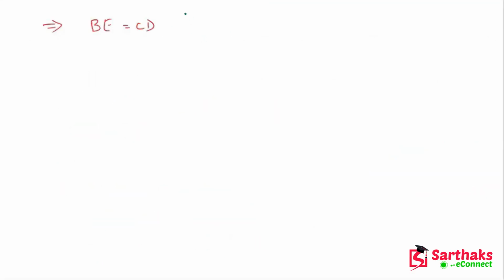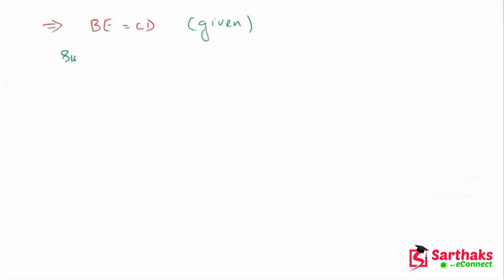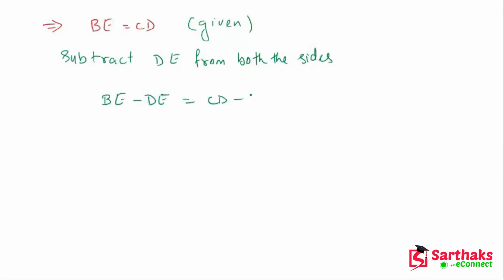Now we are subtracting DE from both the sides, meaning we are subtracting this line DE from both the sides. So we get BE minus DE is equal to CD minus DE.